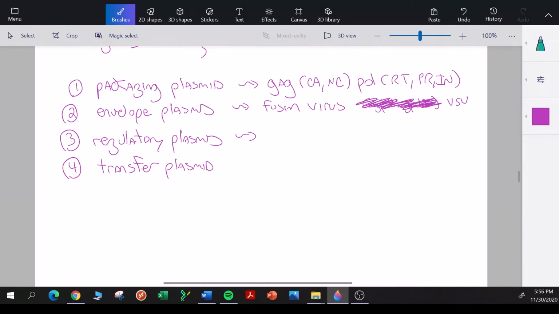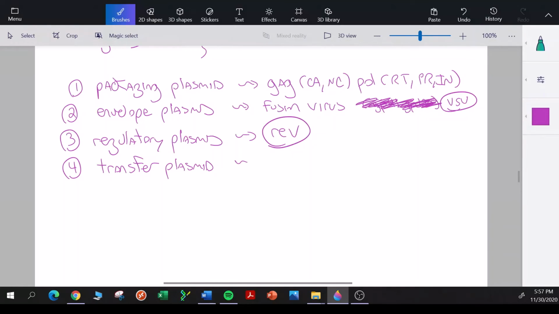Often it's one called VSV, because the VSV protein is great for getting your virus into a broad range of mammalian cell types. But anyway, the envelope plasmid has the envelope protein that we need for the virus to fuse with our target cells. The regulatory plasmid has a gene called REV, which is needed to transport some of these viral RNAs that are going to come from this plasmid in the packaging cell.